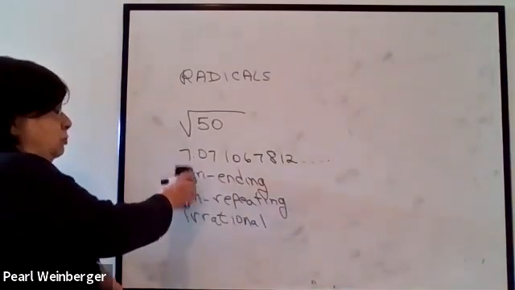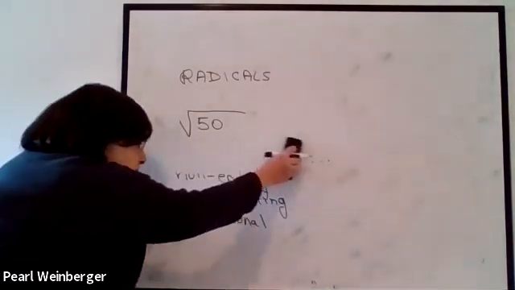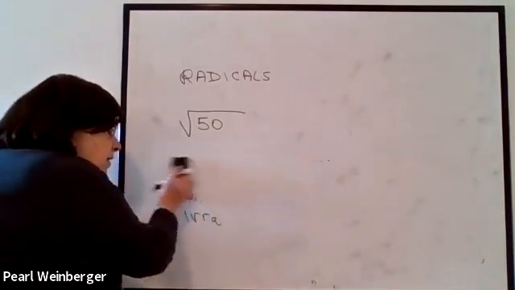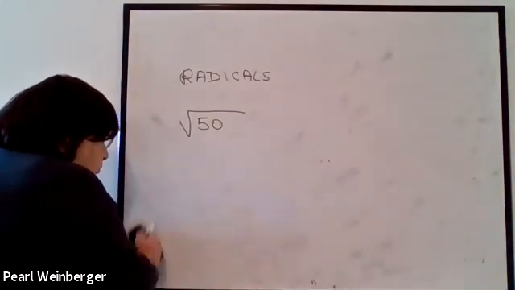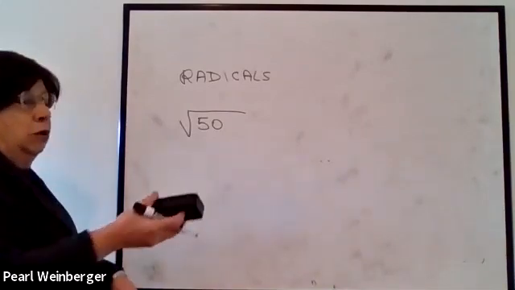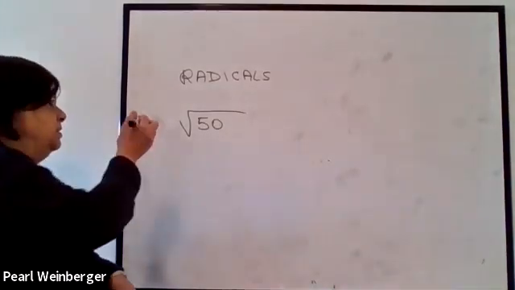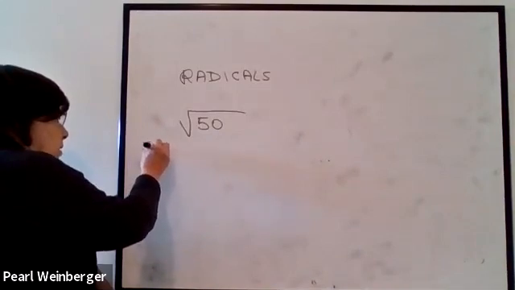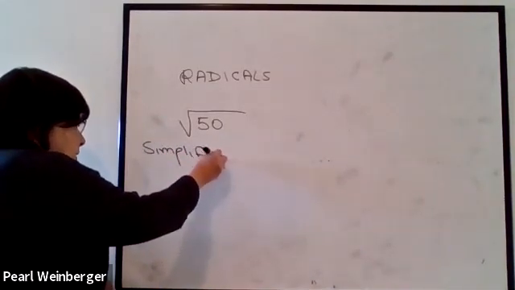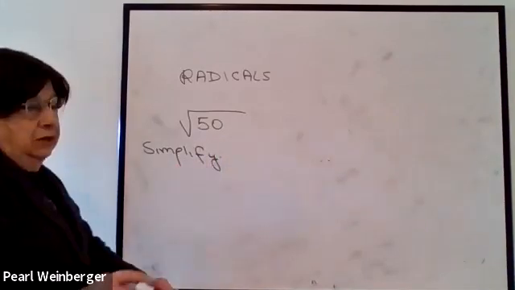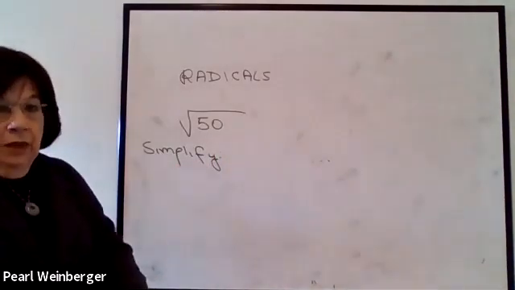Not that we don't ever do this, but usually instead of getting the decimal rounded off version of the number, we do something that's called simplifying the radical. What do we do by simplifying a radical?